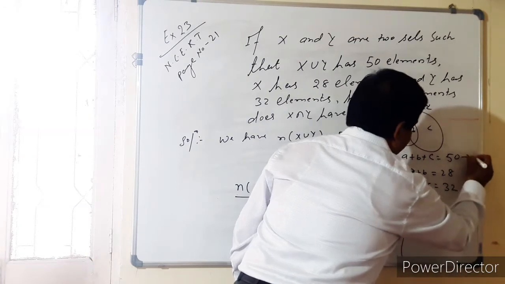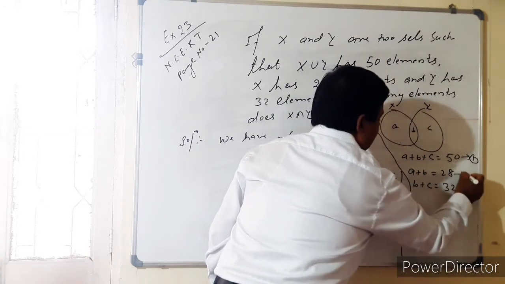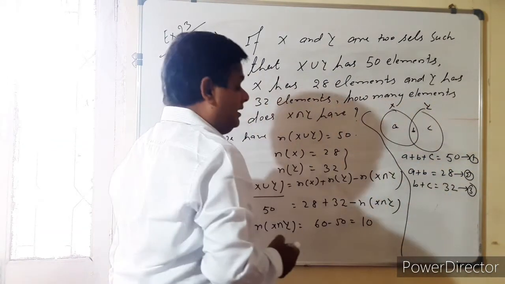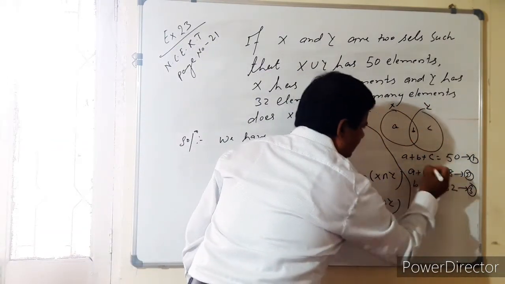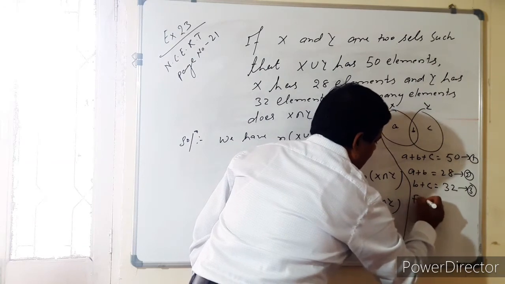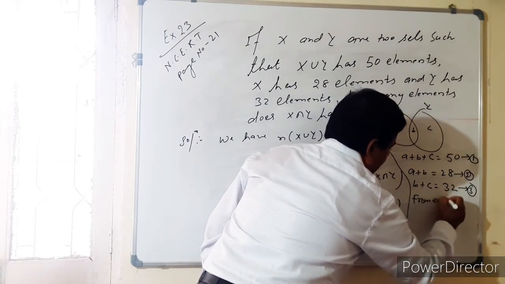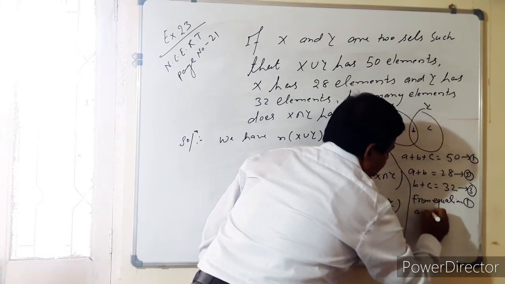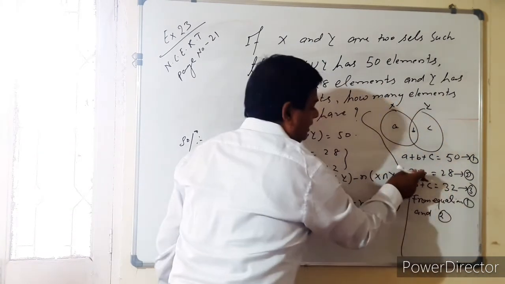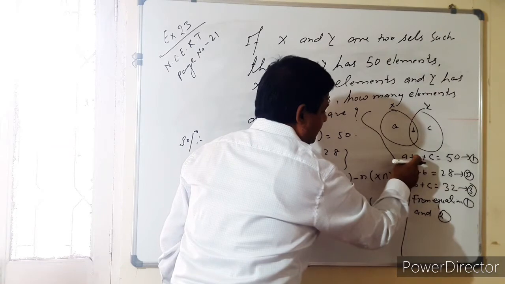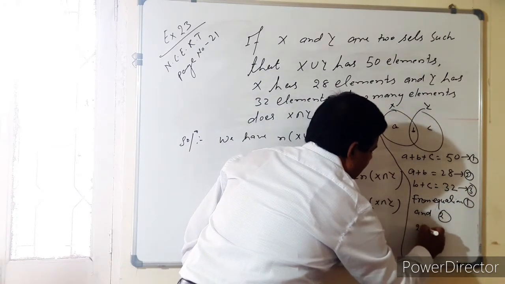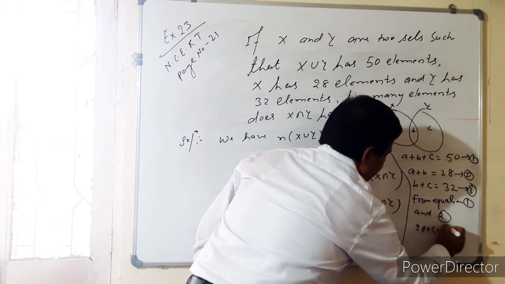Now suppose this is equation 1, this is equation number 2 and this is equation number 3. So now from equation 1 and 2, see here, put the value of A plus B in equation 1. So you will get 28 plus C is equal to 50.